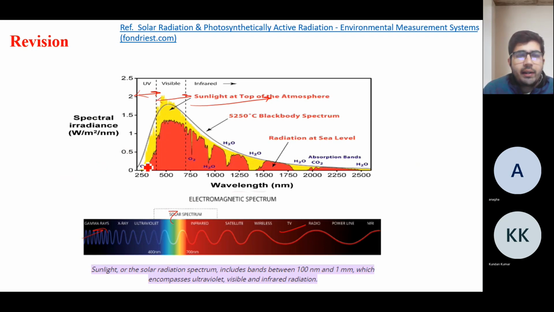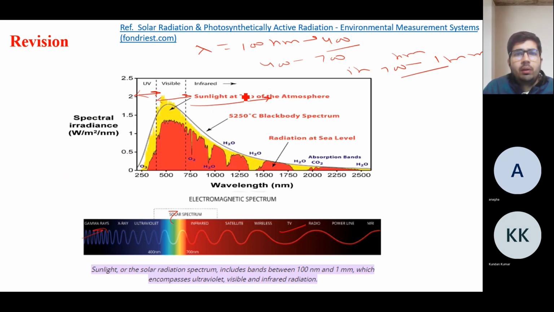The wavelength range for UV light is from 100 nanometer to around 400, for visible it's 400 to 700, and for infrared it's about 700 nanometer to 1 mm.